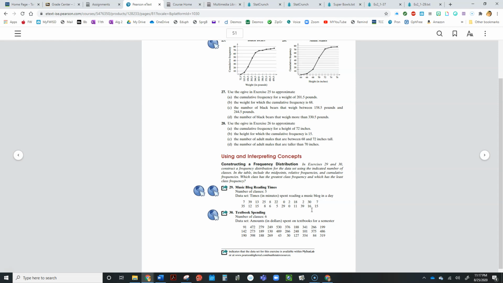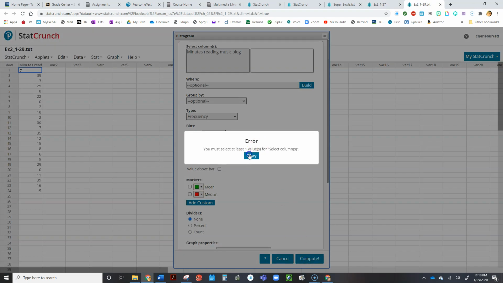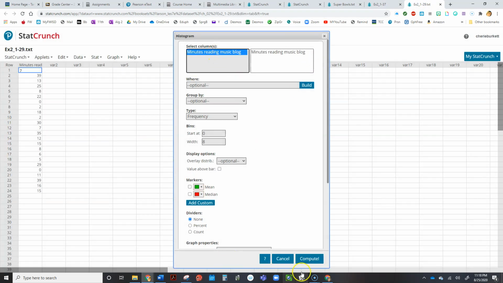So 39 divided by 5 is 7.8. So round that up to 8. So 8 is the class width. So type in 8 right there and compute. Oh, I forgot to do this.